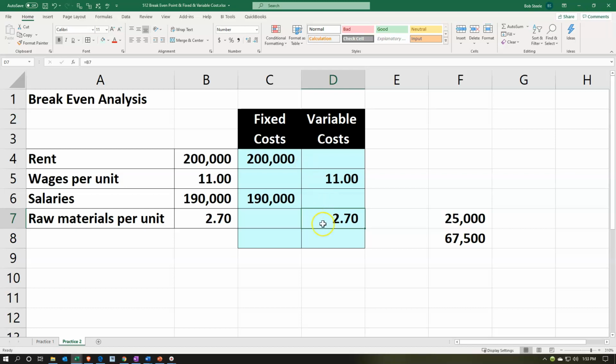The variable costs will vary, meaning the total will vary. That's what it means when you say variable cost. The total will vary. Fixed cost means the total will stay fixed. But per unit, it's the opposite. The variable costs will stay the same on a per unit basis, whereas the fixed costs, as you increase, will actually go down per unit.